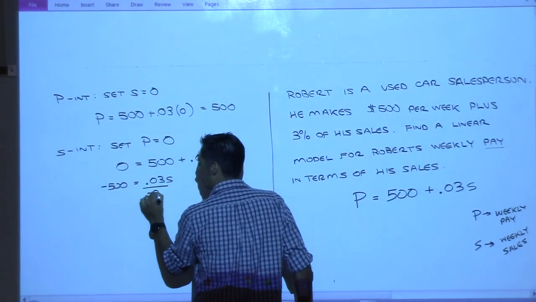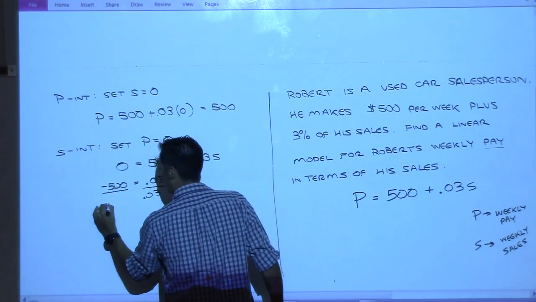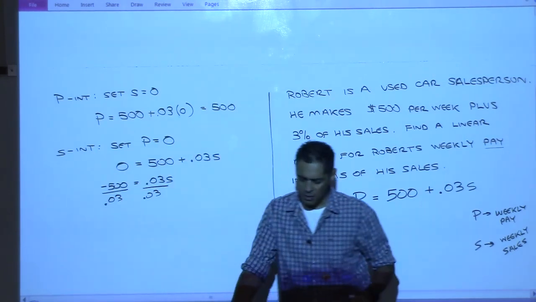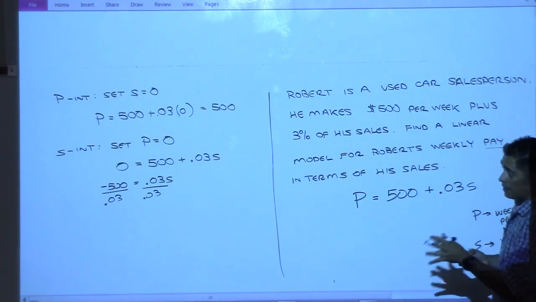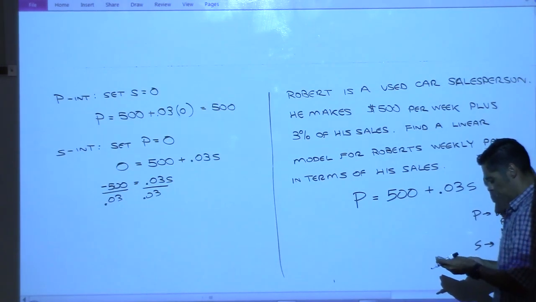And maybe we need our calculator now, right? So let's get on our calculators and do negative 500, sorry, divided by 0.03.